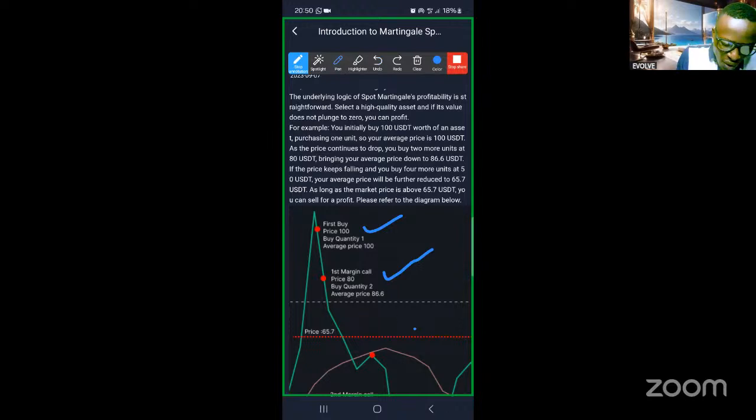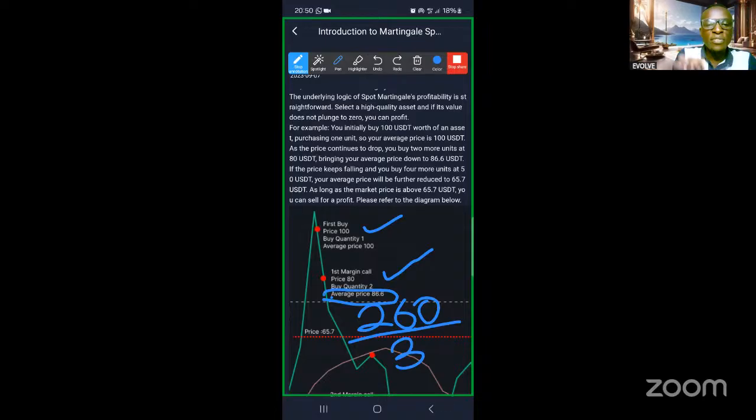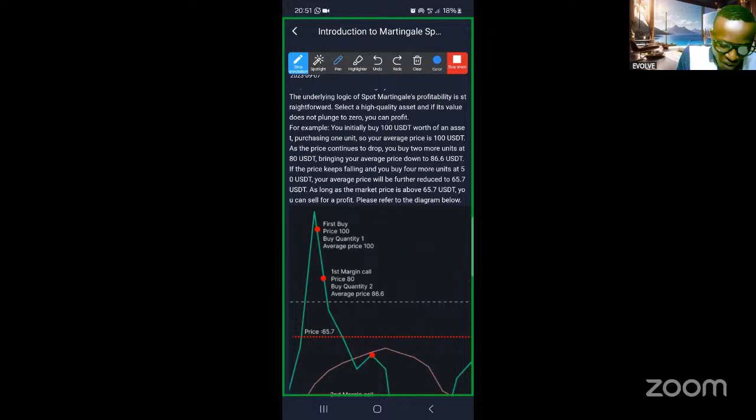In this case, $160 plus $100, you have invested so far $260. Divide by the quantity of coins, which is 3 coins. What you get is what we call the average price. It means each of your coins is averaging at $86.6. This is your average price. Your average price is now here.